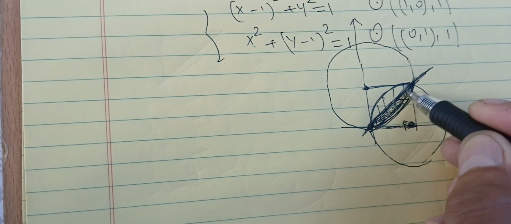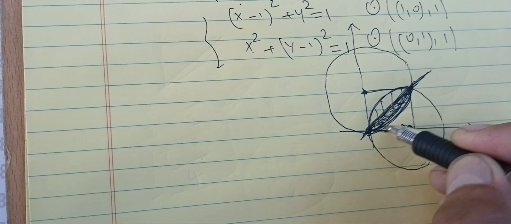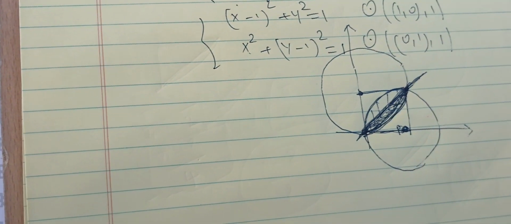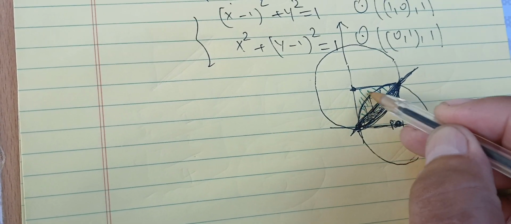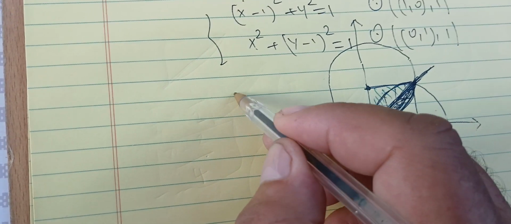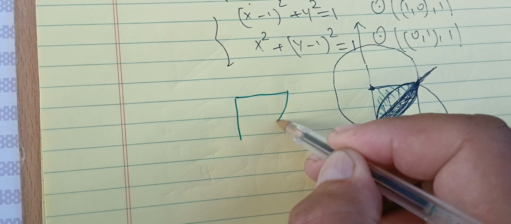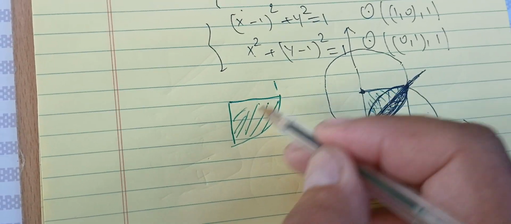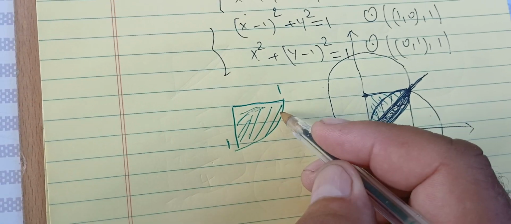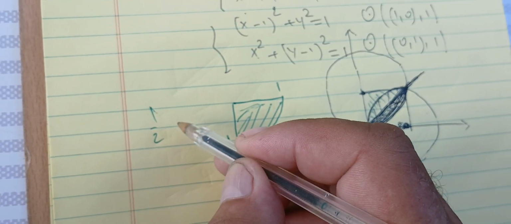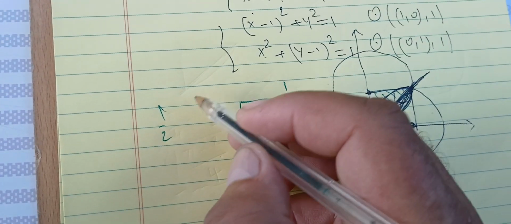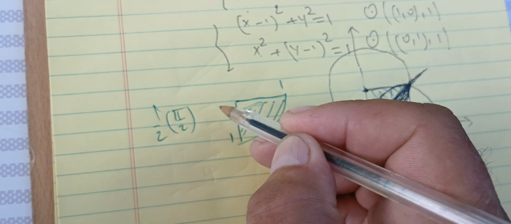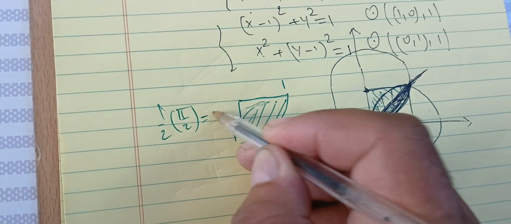I'm focusing only on this half of the shaded area. The area of this quarter of a circle is one half times alpha, which is pi over 2, times r squared, which is 1. Therefore this area is pi over 4.